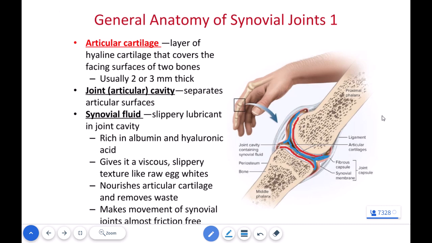What we end up doing is delivering the nutrients to the synovial fluid, and then as you compress the articular cartilage, it's kind of like squeezing a sponge. Compressing the articular cartilage will wring out fluid, and then when you remove pressure, it swells back up again. As you compress and swell your articular cartilage, it will absorb nutrients from the synovial fluid, and it will release waste products into the synovial fluid.